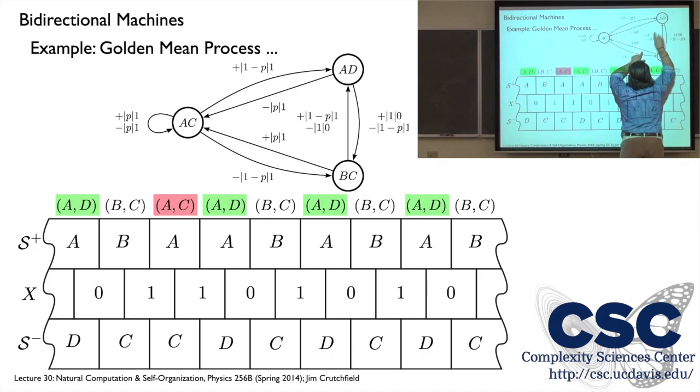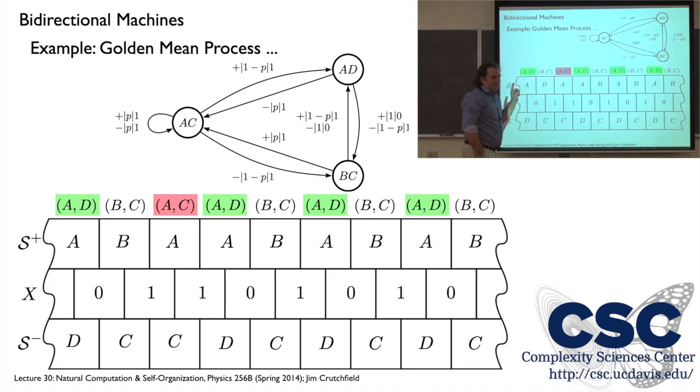One forward move takes me to AD and one to AC. But in either case, I'm going to see a 1. If I go to AD, I'm going to see a 1 with probability 1 minus P. If I go to AC, I'm going to see it with probability P. So the bidirectional machine is non-unifilar. It's not an epsilon machine. This is a strange fact we're now working with, trying to understand that.